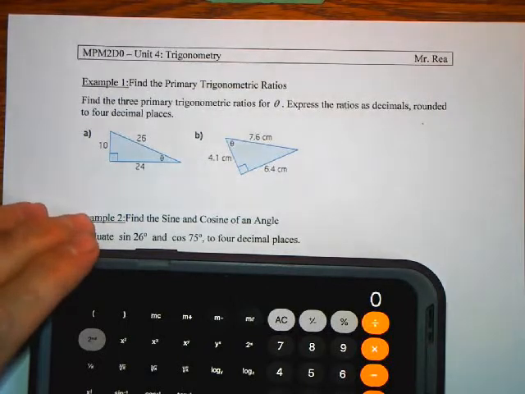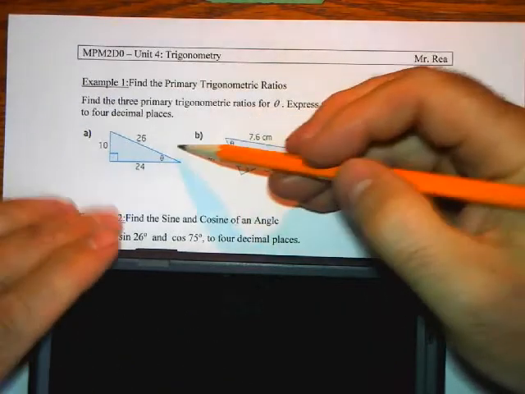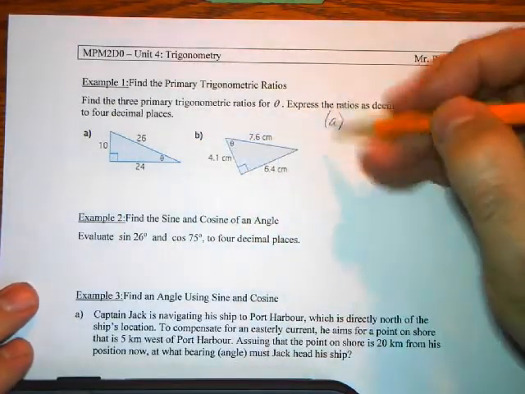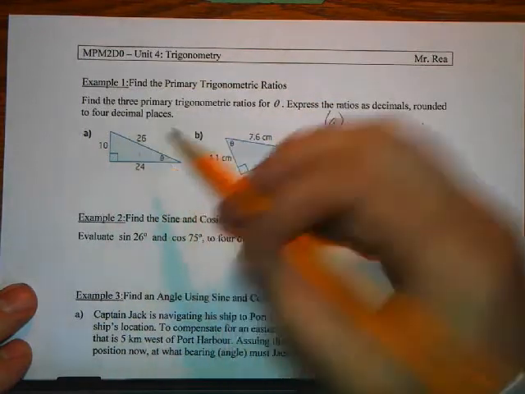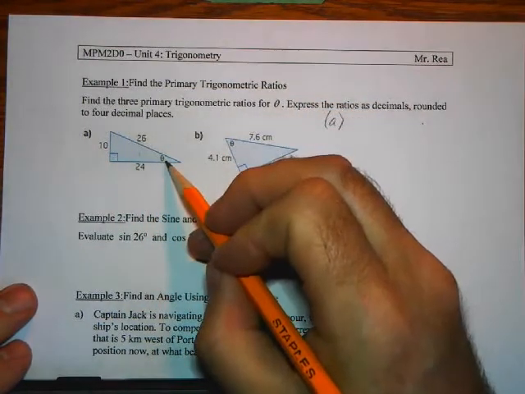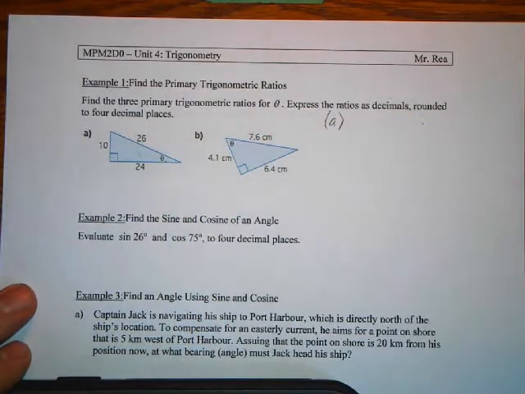Okay, so what do we want here? For the first triangle, there's the angle of interest. They want us to do this for this angle, theta. So the first thing we do is we label the sides.